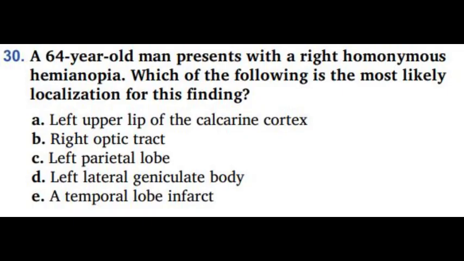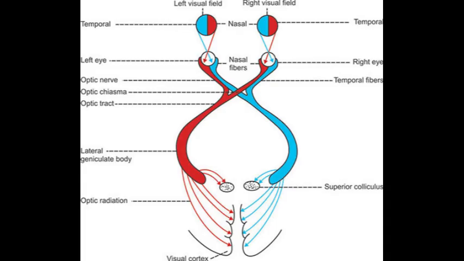Now let us do a very brief run through on the optic nerve and its tract, the optic pathway. And when we do that, we're going to answer this interesting question. So let's begin. Over here we have the optic or the visual pathway.